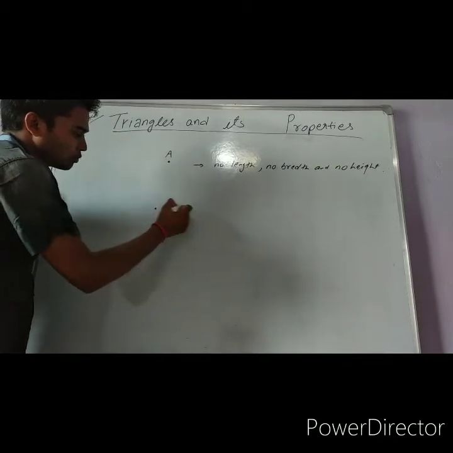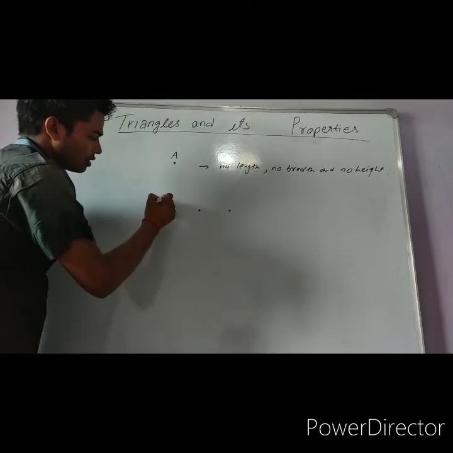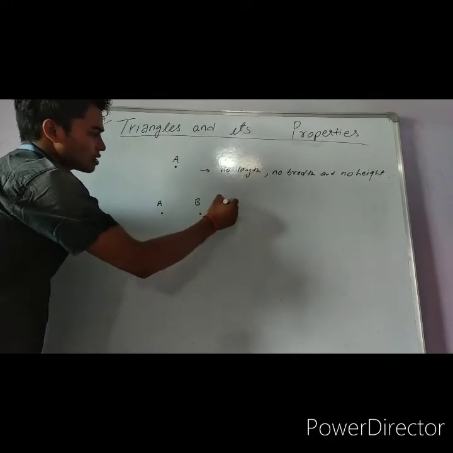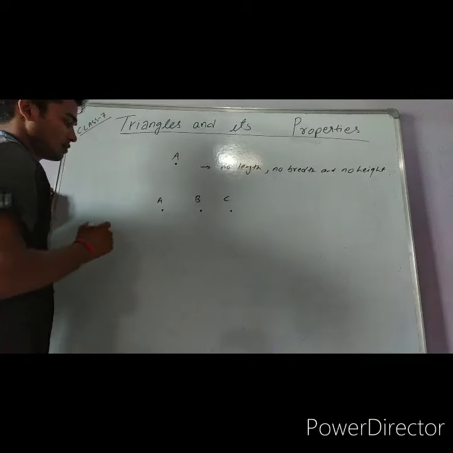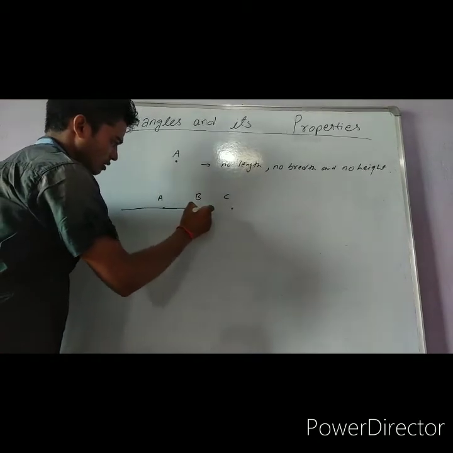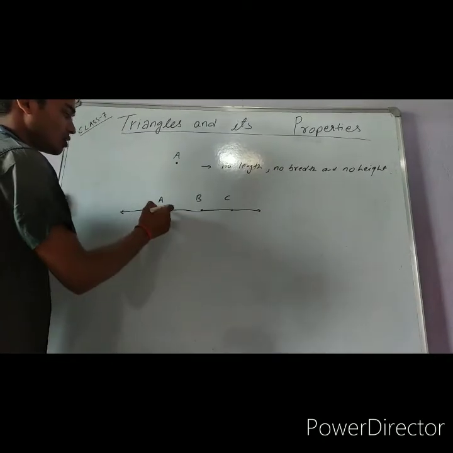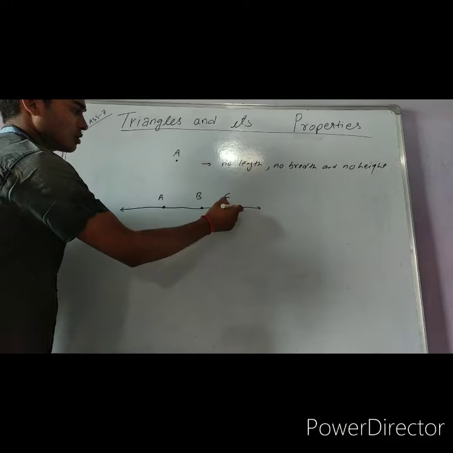Now I have taken here 3 points, A, B, C. If I draw a line, then this line passes through all these 3 points.